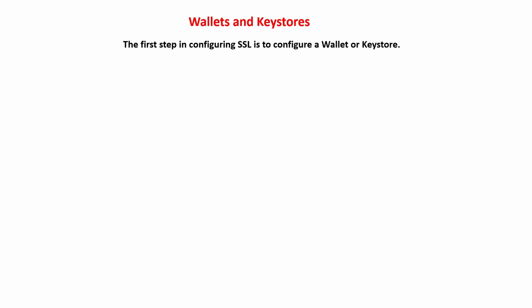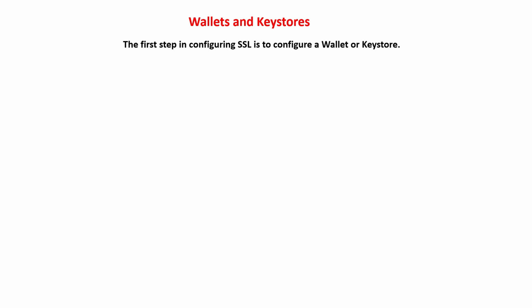Generally, if you're not very clear on the wallet, then I'm sure you have some knowledge of keystore. And even if not, I'm going to clear it up in the next few minutes. Basically, wallet and keystore are terminology that we use to store SSL related configurations. What we store in the keystore or wallet, as I just said, are public and private keys and different kinds of certificates.